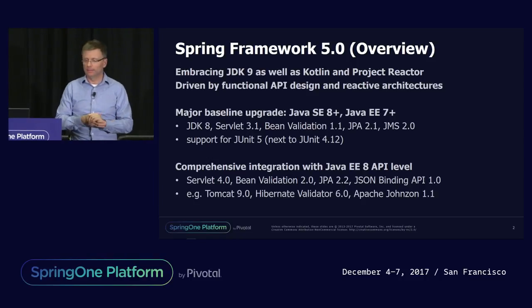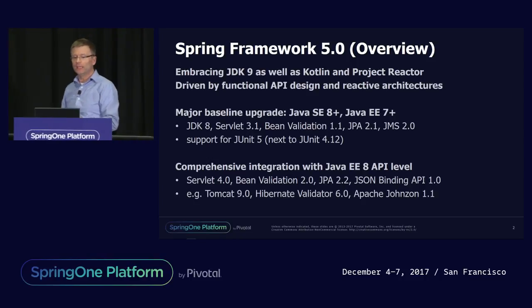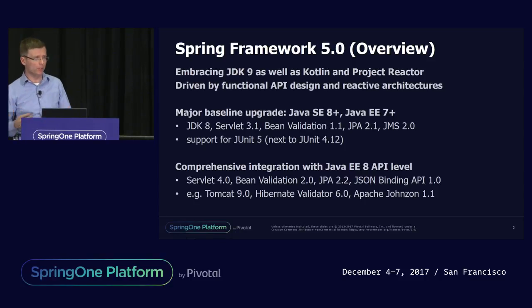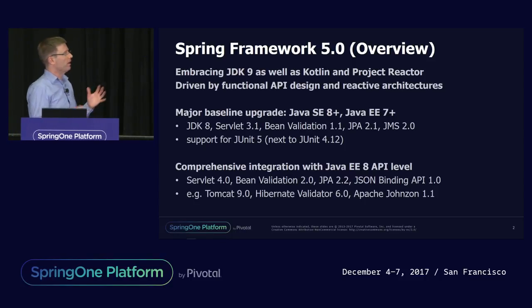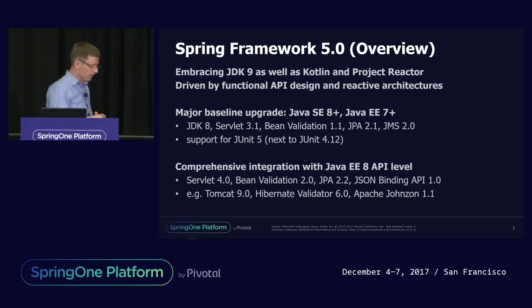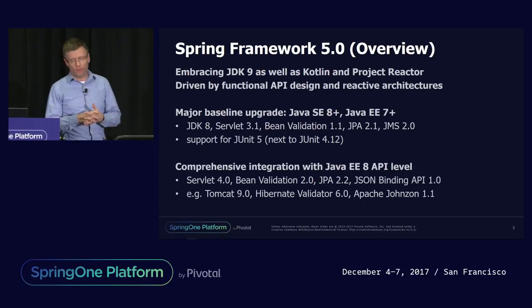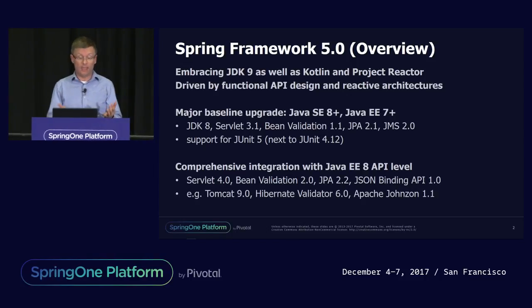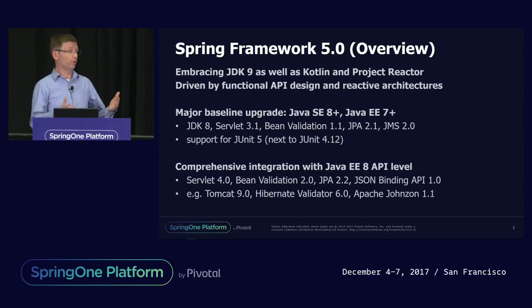These major themes are very intentionally major themes. But we always take the opportunity to bring little refinements here or there into the framework. The greatest examples in the history of Spring were probably 4.1, 4.2, and 4.3.